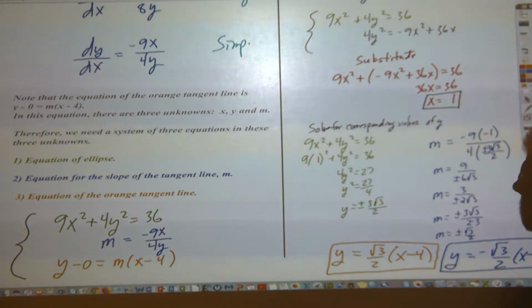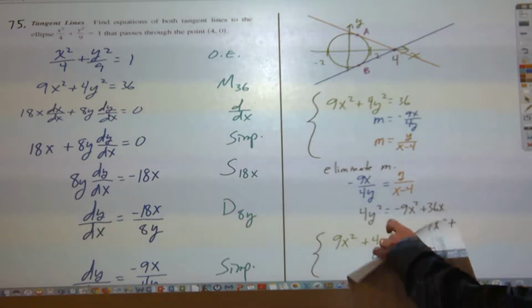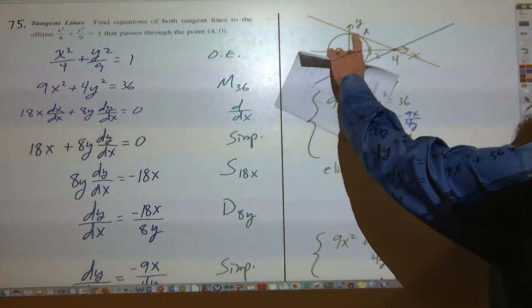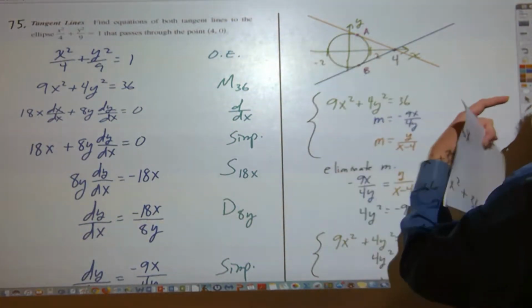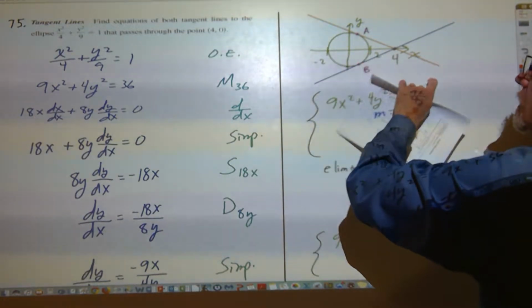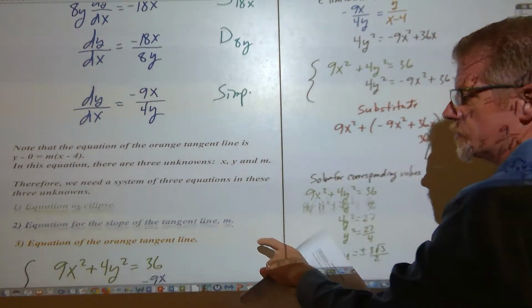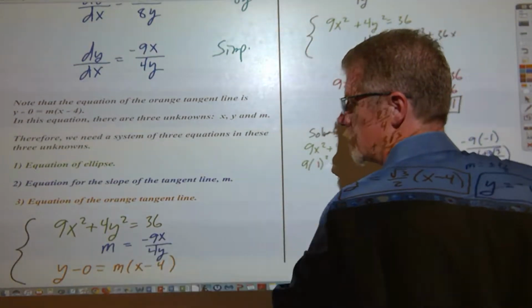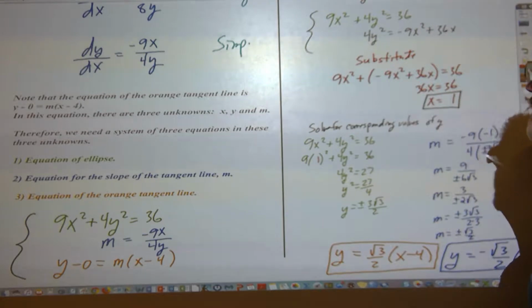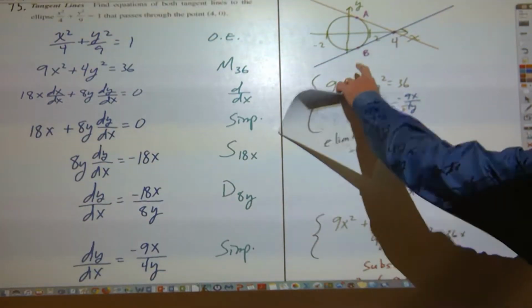All 3 of those equations contain point A. The ellipse contains point A. Point A, you could think of as having coordinates x, y. So really what I'm trying to do here is find the coordinates of point A.